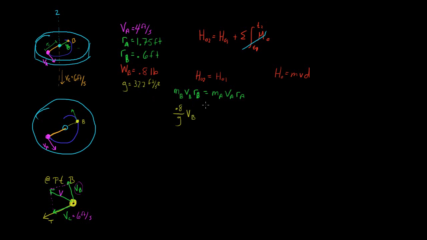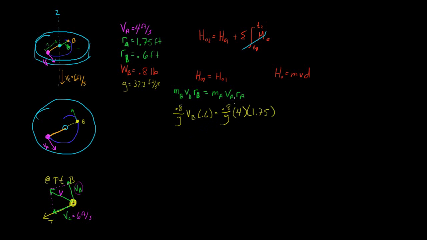And the radius of B, we want to know what the velocity is when the radius is equal to 0.6 feet. So it's equal to the mass of A, which is 0.8 over gravity. The mass doesn't change. And we know the velocity of A. The velocity of A is 4 feet per second. And we know the radius of A. The radius of A is 1.75 feet.